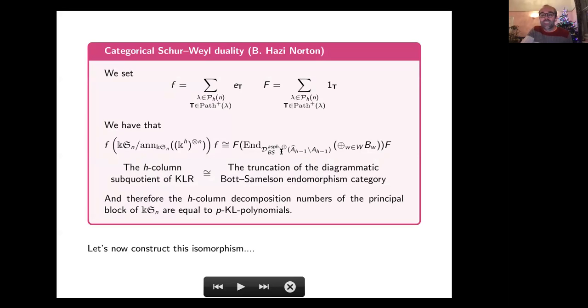So the direct sum on the right-hand side of the second line, Torge? Mhm. Yes, okay, so that's going to be a finite direct sum over objects, and the indexing set is going to be dependent on n in such a way that as n gets bigger and bigger, you gradually cover all the elements inside your affine Weyl group, your A-hat h minus 1.